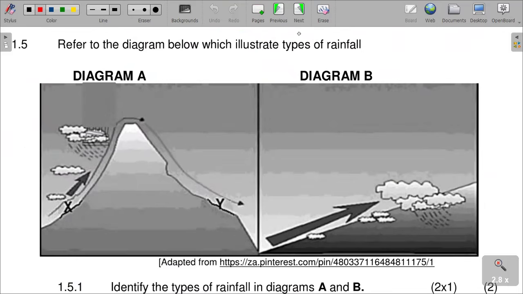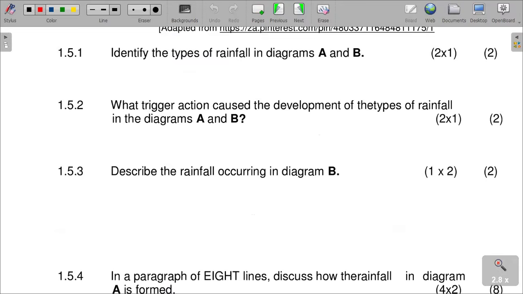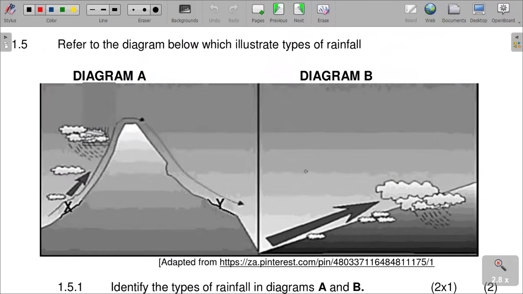So we have got question 1.5 that is given to say illustrate types of rainfall. Illustrate the types of rainfall that are given here, and then we are given, we can say this is a mountain.